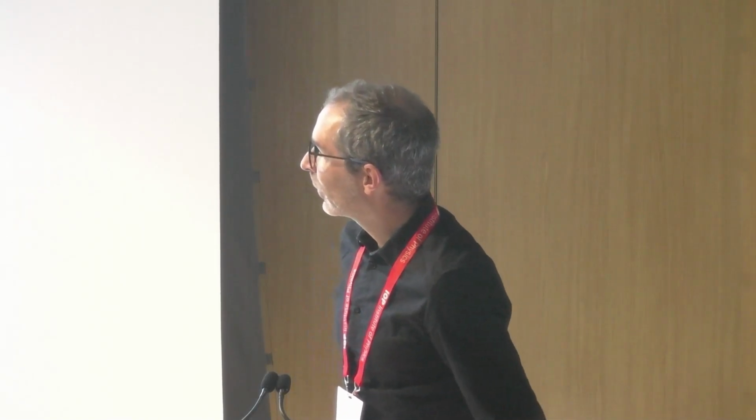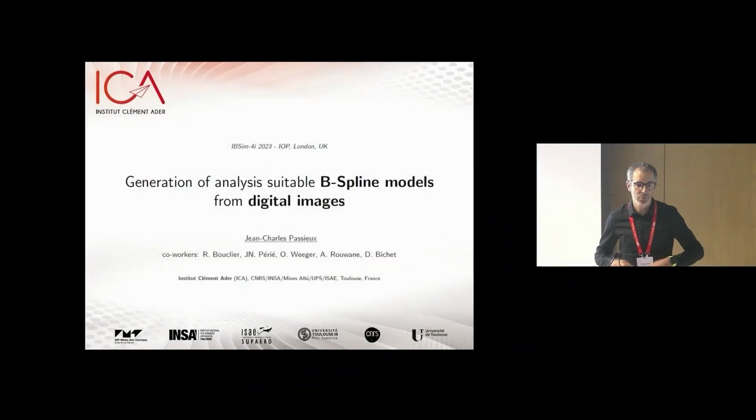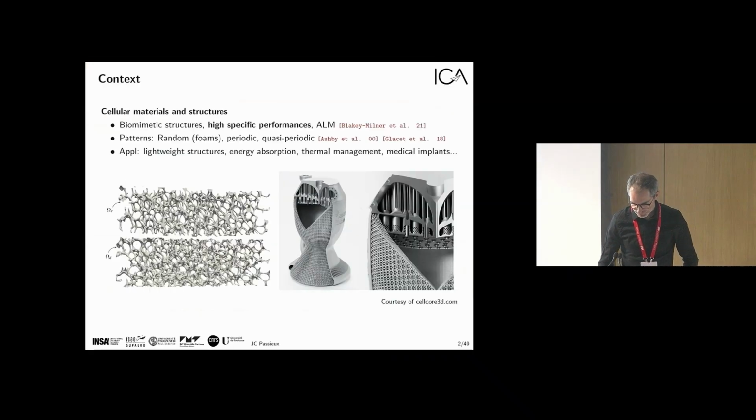I will talk about B-Spline image-based models, and also about the way we use image-based models to help digital image correlation. We are interested in cellular materials because of their high specific performances, and we are interested in random architectures, like foams on the left, but also in periodic or quasi-periodic patterns, which are used in so-called lattice materials, on the right.